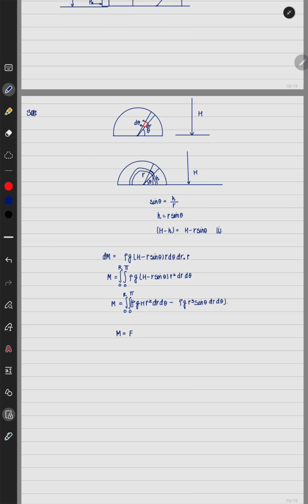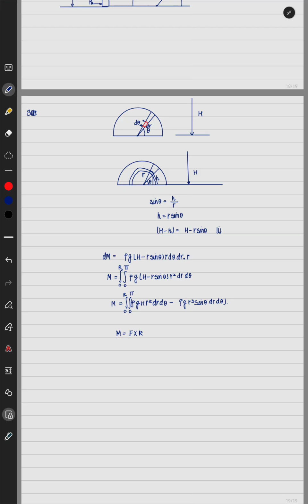So force into r, because the force is acting at a radius r, or at a height r from the bottom. In that case, what is the total magnitude of torque acting? Force into r into sine theta.